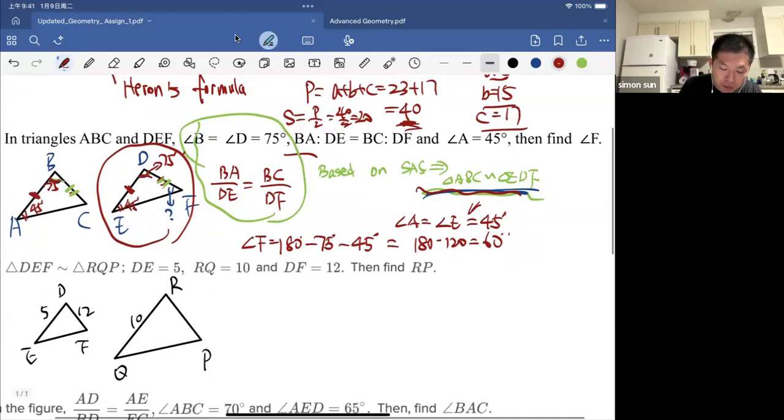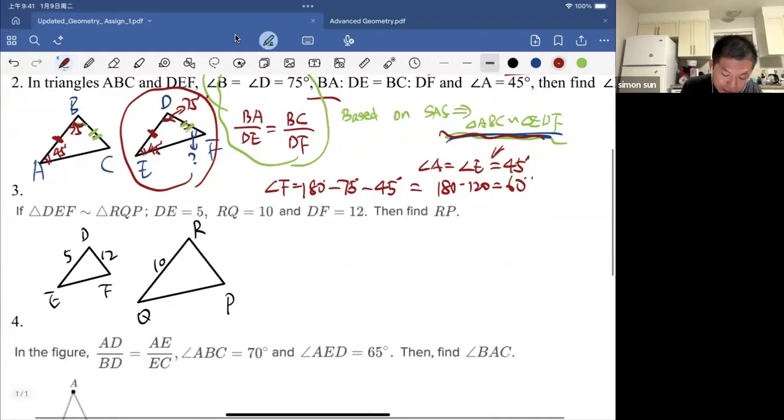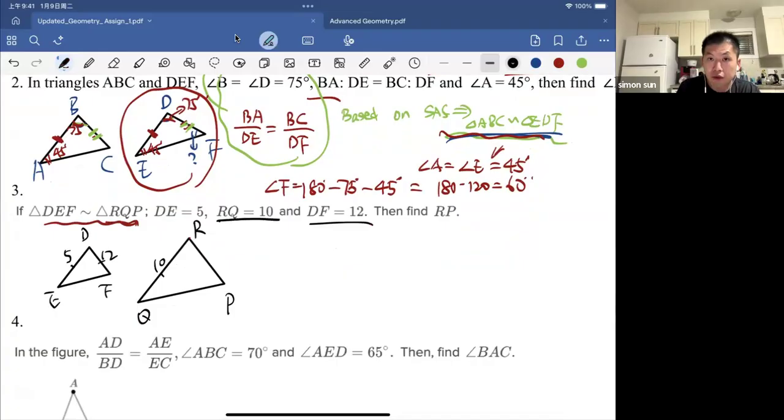The third one: triangle DEF is already given as similar to triangle RQP here, and DE is 5, RQ is 10, and DF is 12. We need to calculate RP here.